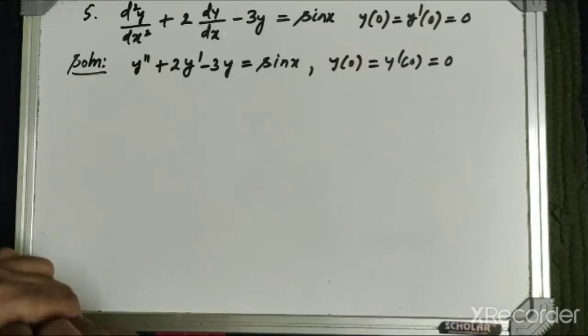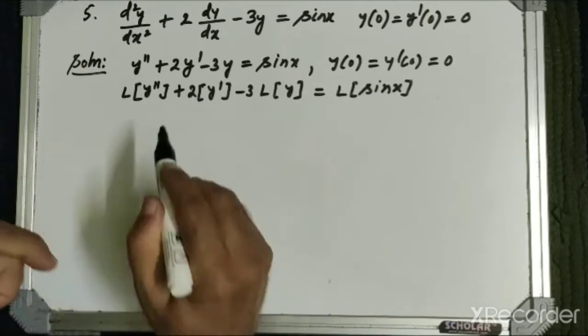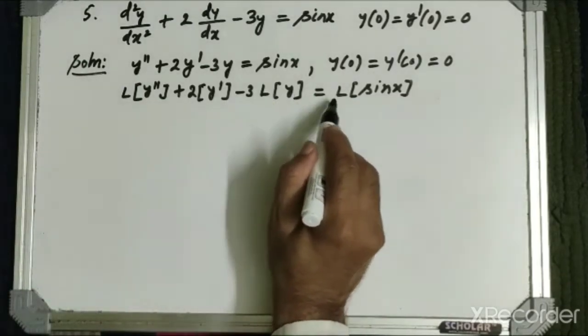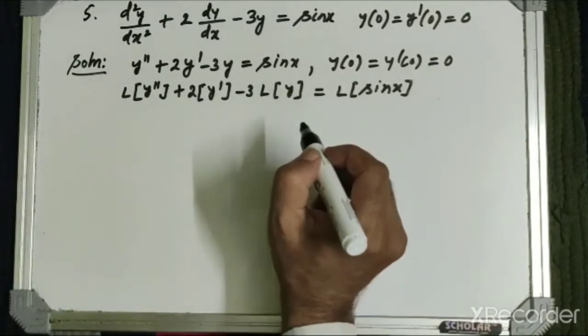Now take Laplace transform on both sides and use the linearity property of the Laplace transform to write L of y double dash plus 2y dash minus 3 into L of y is equal to Laplace transform of sin x.